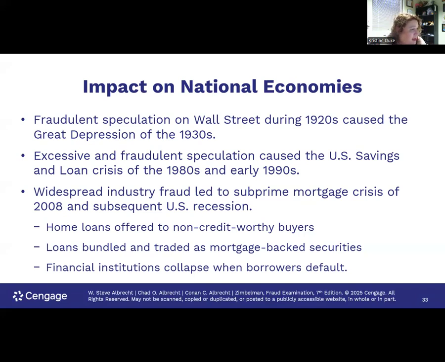Okay, it led to a deep recession. Home loans offered to non-creditworthy buyers. So what was happening? This is with the Dodd-Frank Act of 2009. It's supposed to try to help eliminate it. The government told the underwriters, loosen up the strings.